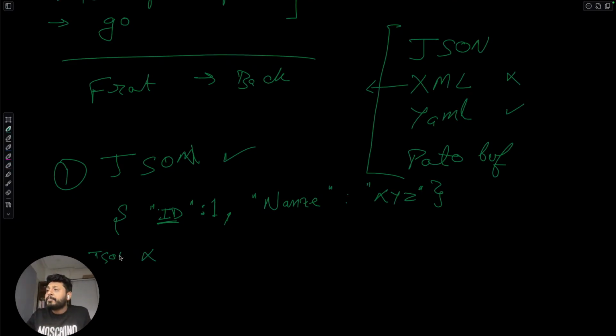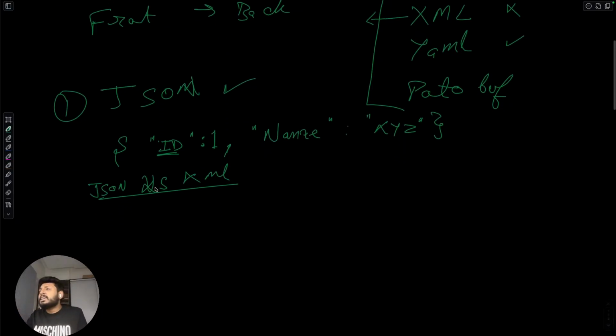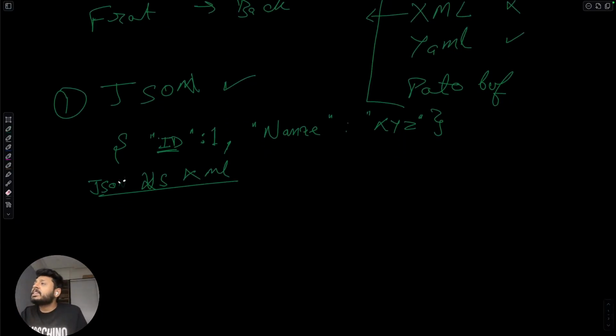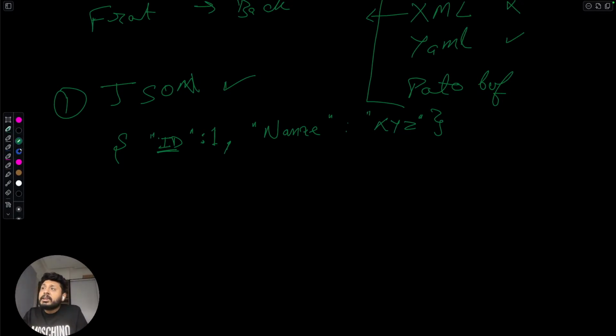JSON versus XML. Let's take this topic after we discuss XML because that would be easier for you to understand the key difference. So this is how JSON looks. Now let's see how XML looks.